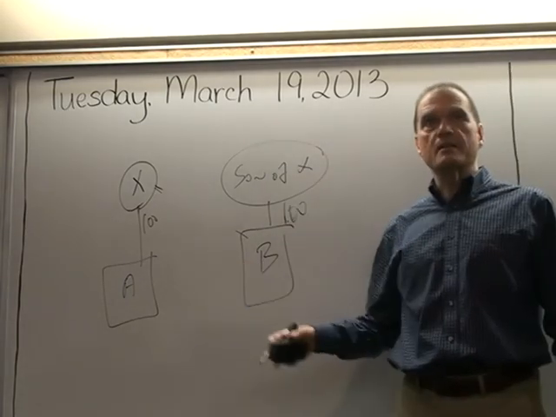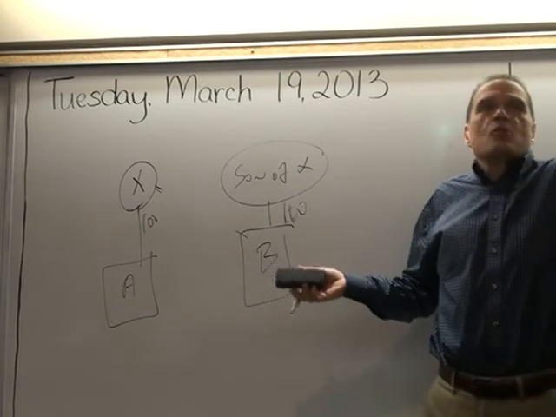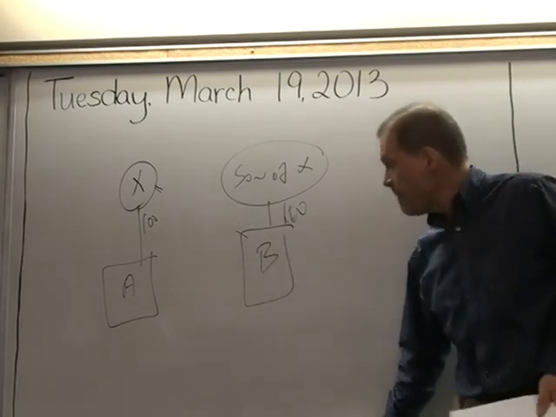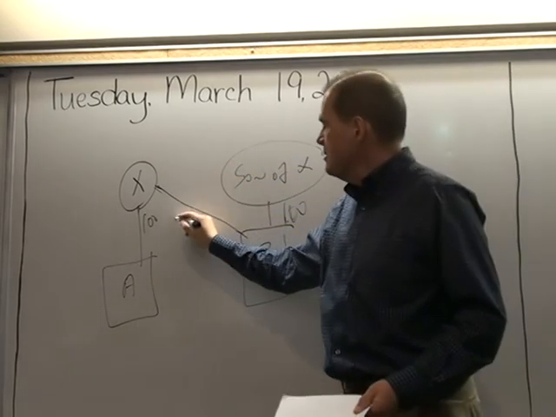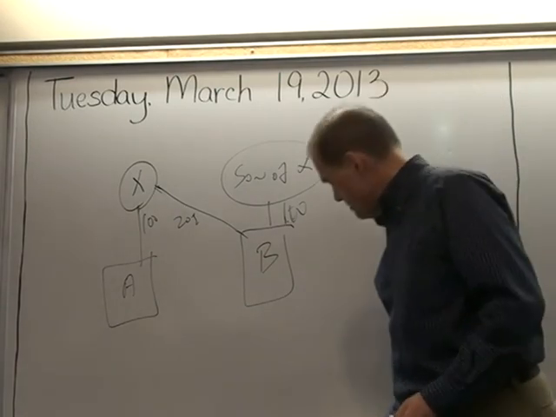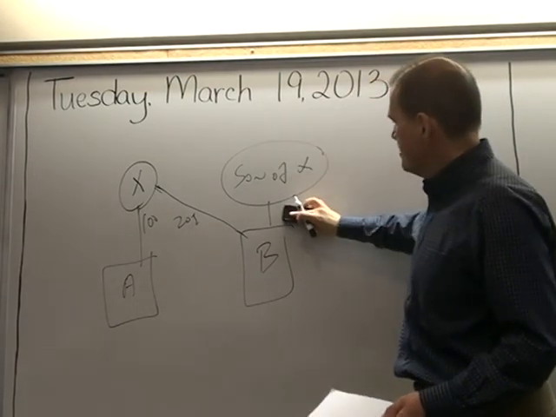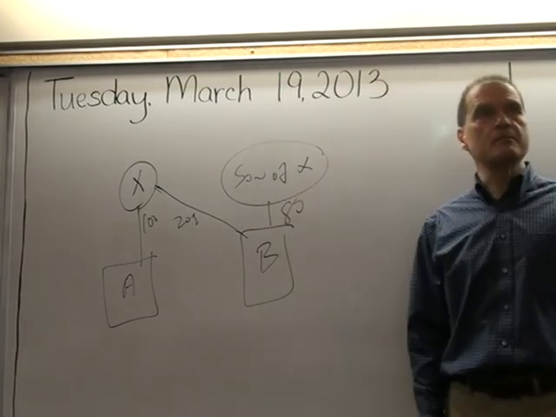Even though they're related, there's no association going on because there's no cross control or anything like that. If I make this 20% and this 80%, not associated.